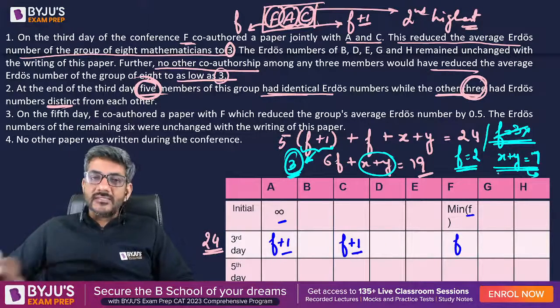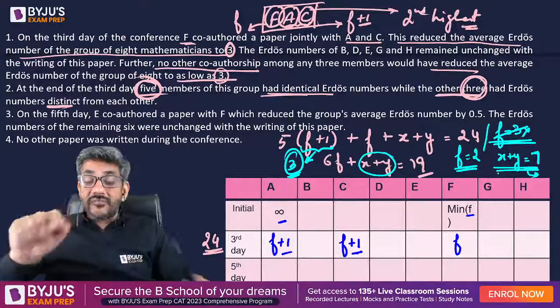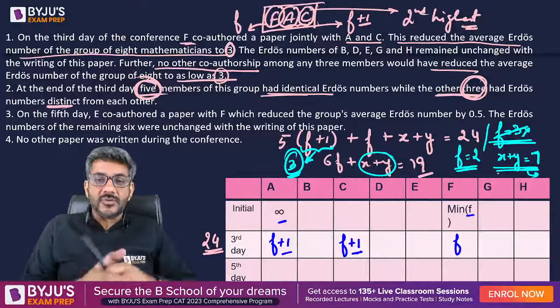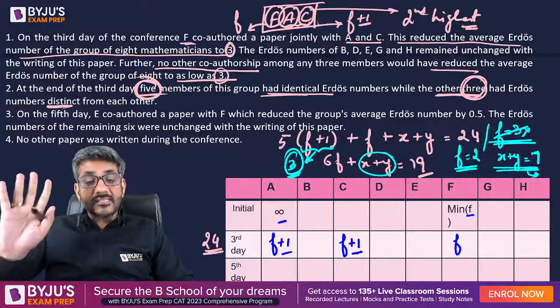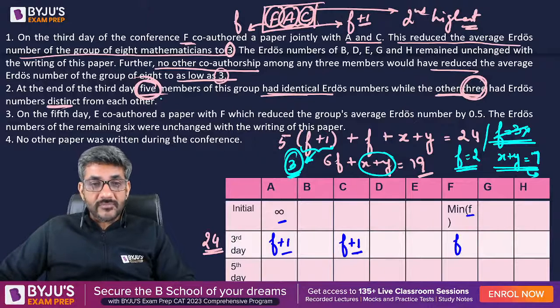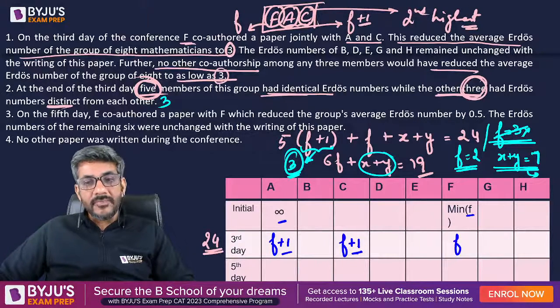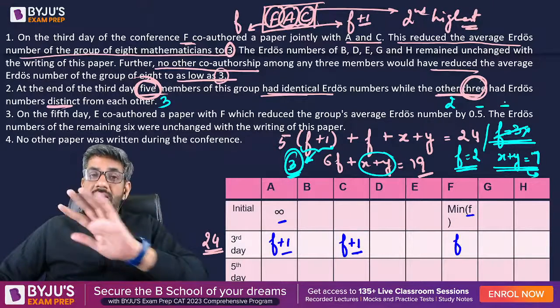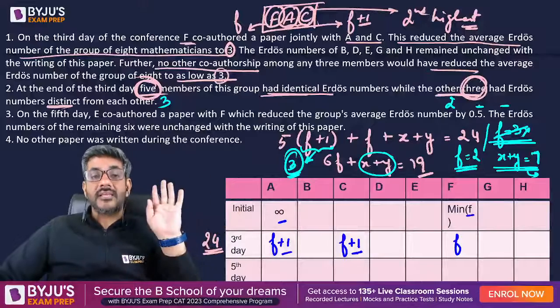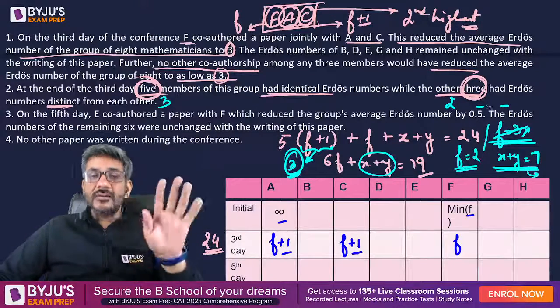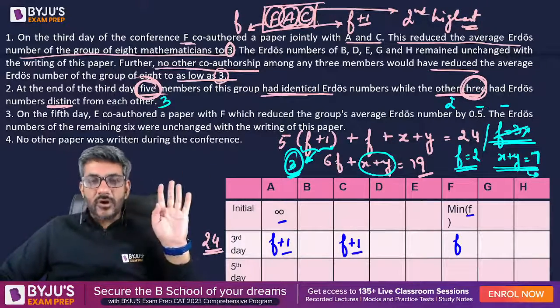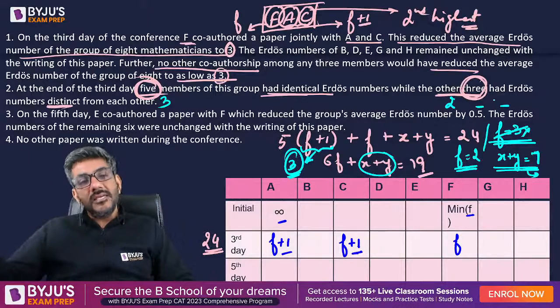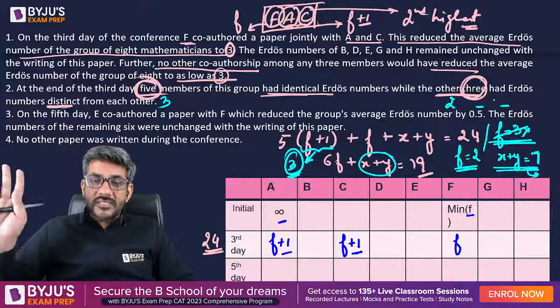Do you remember, 5 guys have an equal LDOS number, that is F plus 1, so these five have LDOS number 3. These 3 guys have distinct LDOS numbers, one of which is 2. The other 2 must have a different LDOS number from 2 as well as 3. And they should be greater than 2 as well, because F has the smallest LDOS number. So it should be larger, and it cannot be 3, it cannot be 2.